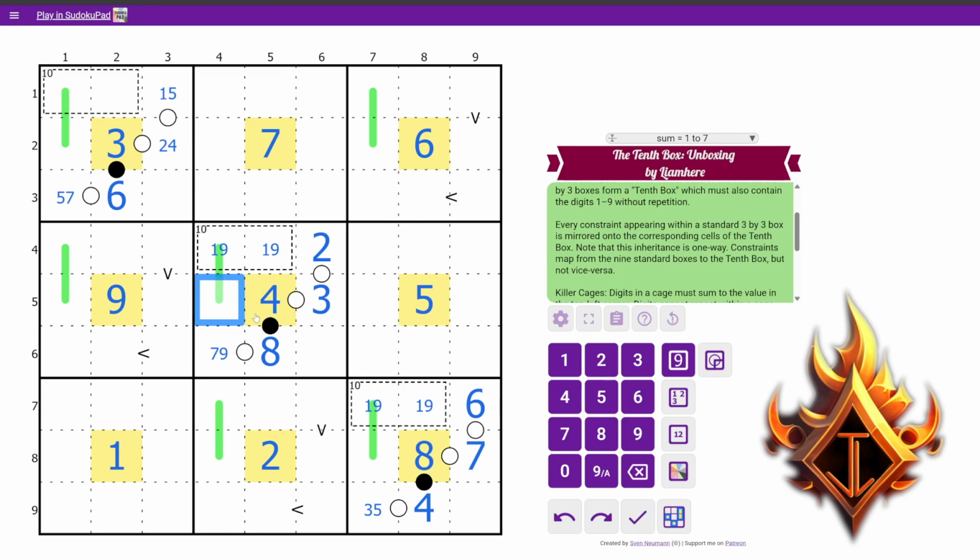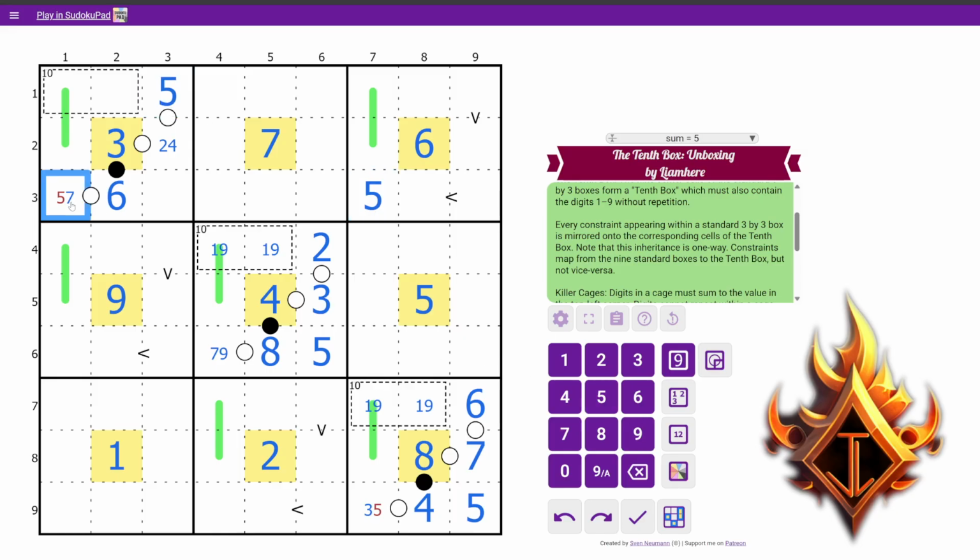This cannot be 5, so it will go there. 5 cannot be on a green, so it'll go here. And there. Now there.